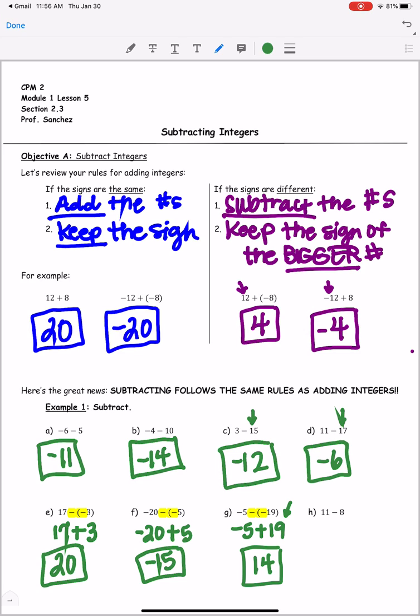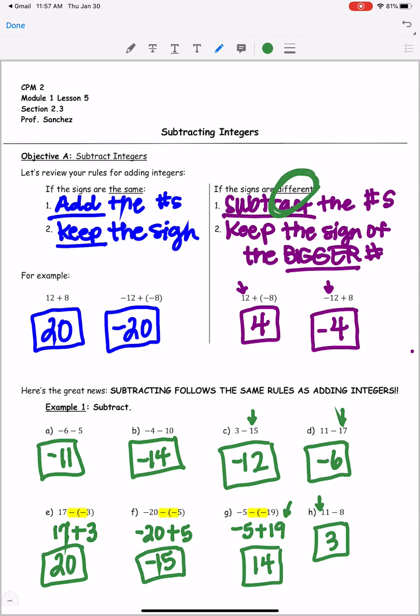Okay, and then last one, 11 minus 8. This is just normal subtraction that, again, we've been doing for years, just like 17 plus 3, right? That's just 11. You have $11. You spend 8. How much do you have now? That's 3. Okay, and I mean, you technically could use the rules for different, right?